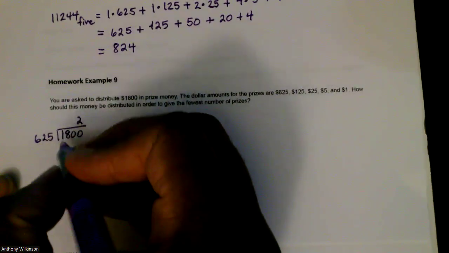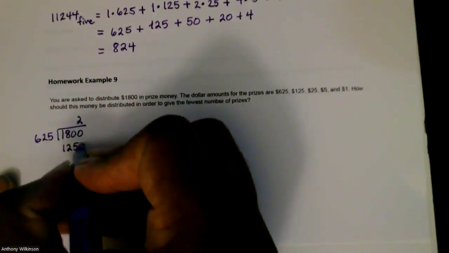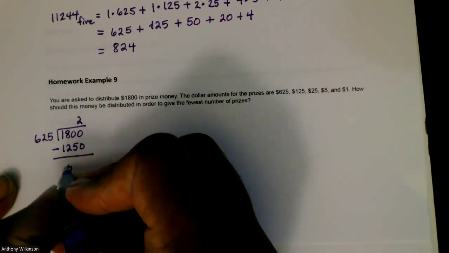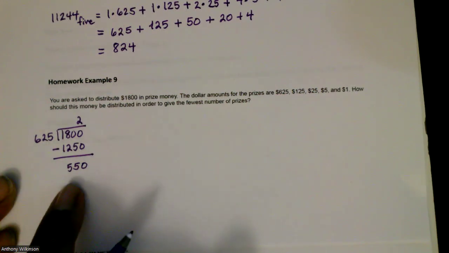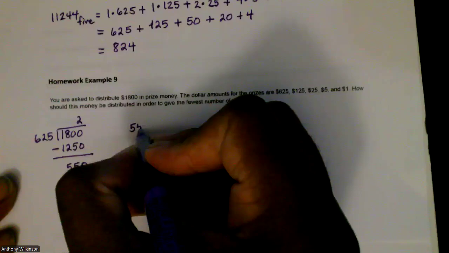So 2 times 625 will be 1,250. And if I subtract 1,250 from the 1,800, that's going to give me 550. So I know I can give 2 prizes of $625. So I have to use the remaining 550 on the others.